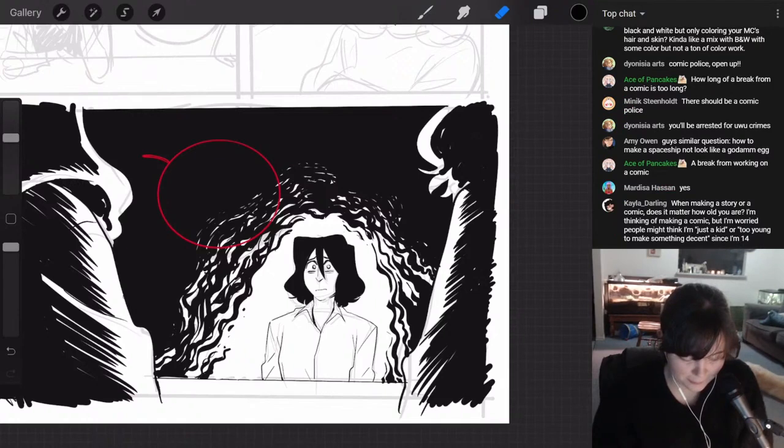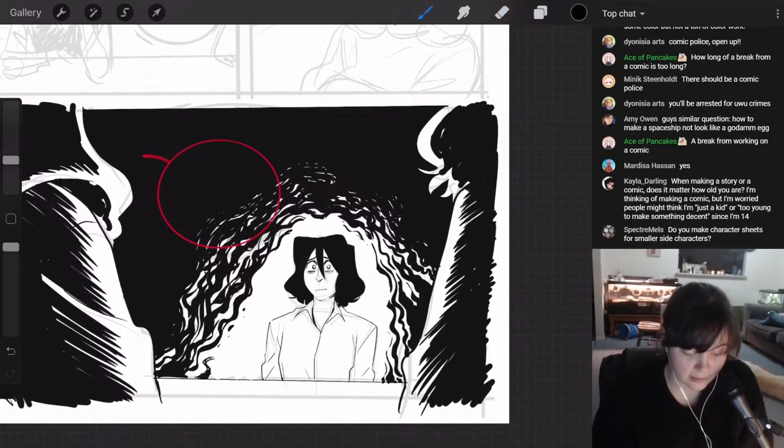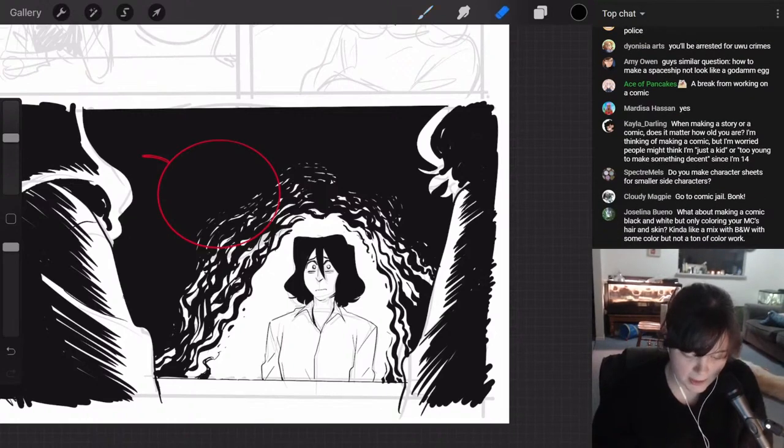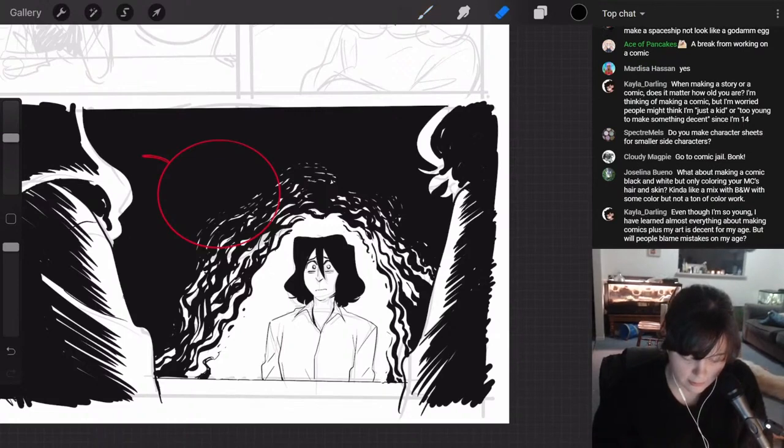A break from working on a comic. Okay, how long is too long to break from working on a comic? I go years without touching certain novels, but whenever I return, I end up rewriting things really strongly. Sometimes you just need a break. Sometimes I throw a novel away and I'm like, this is in the trunk, this is done.